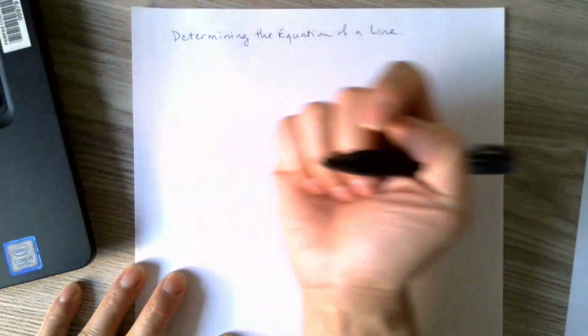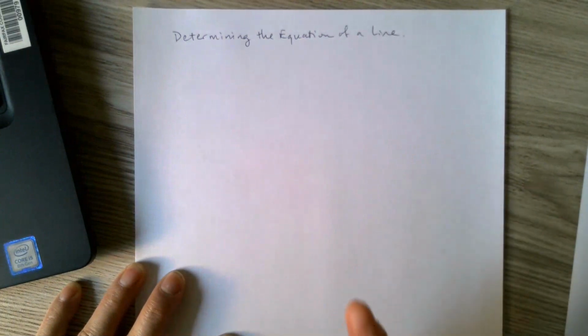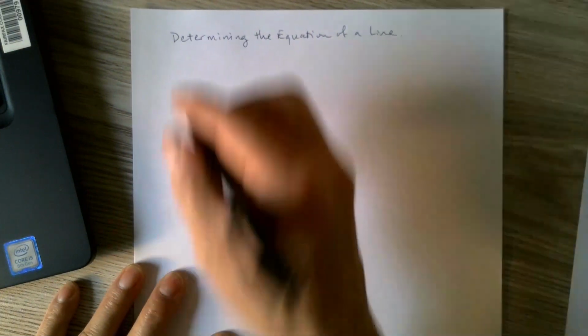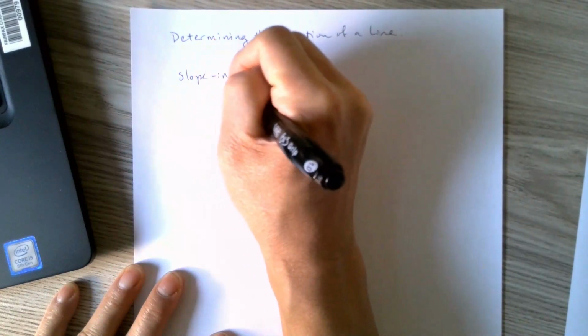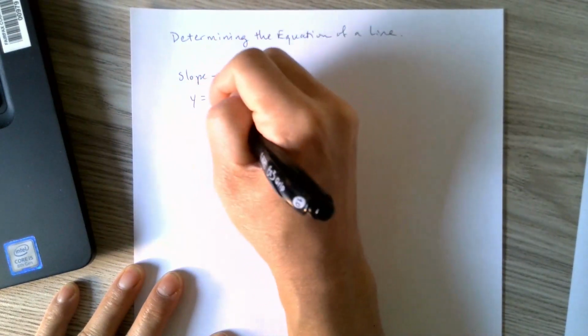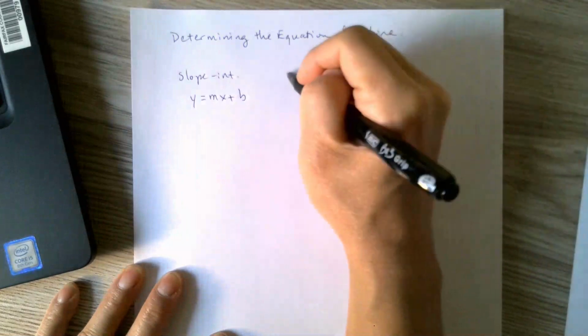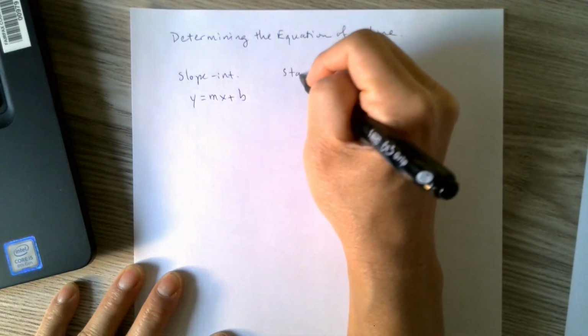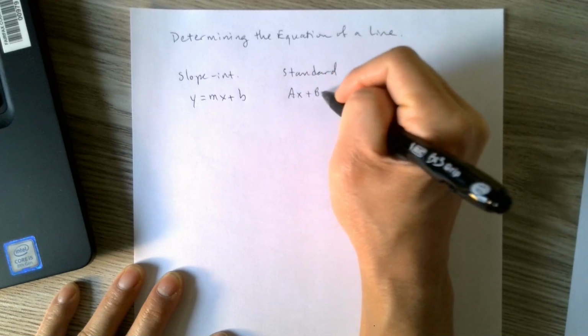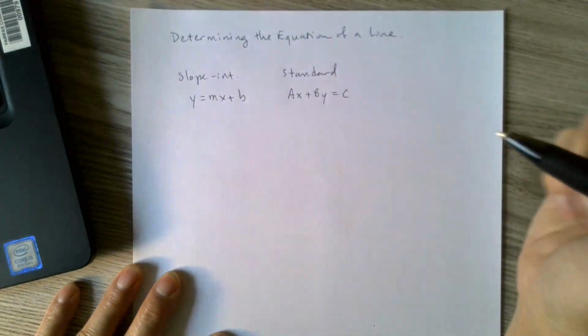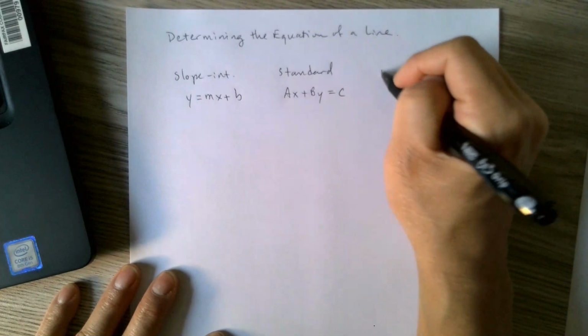So first let's remember what the three forms of a line that we know of are. First, we have slope-intercept, then we have standard, and then we have point slope.